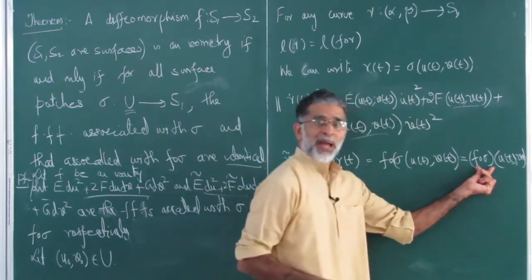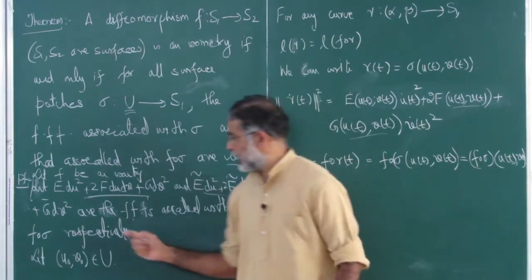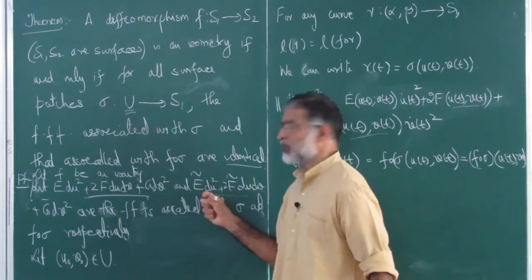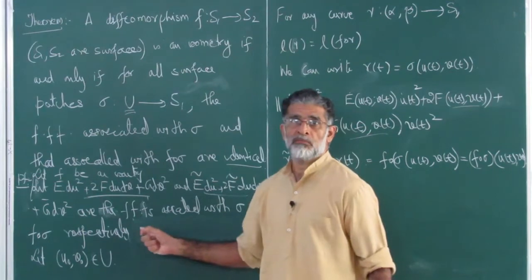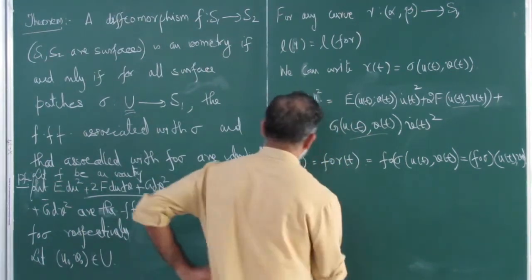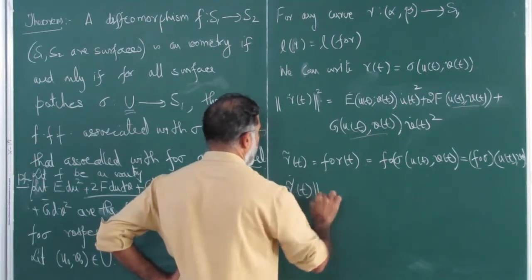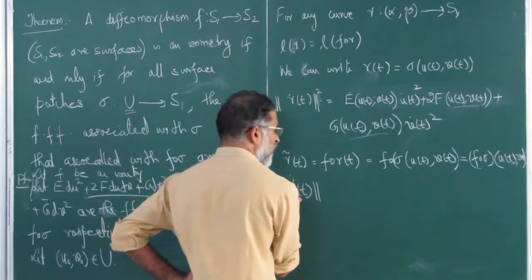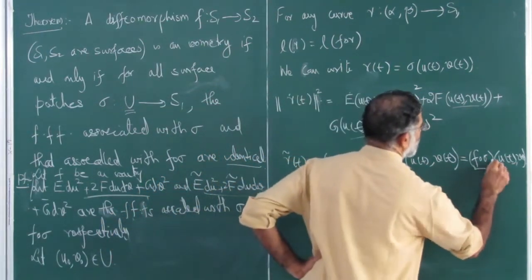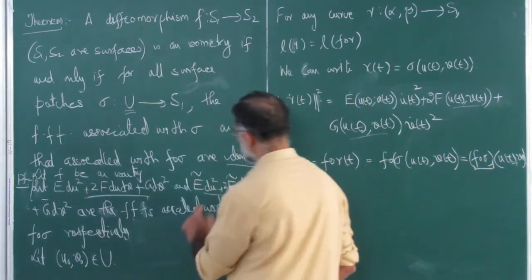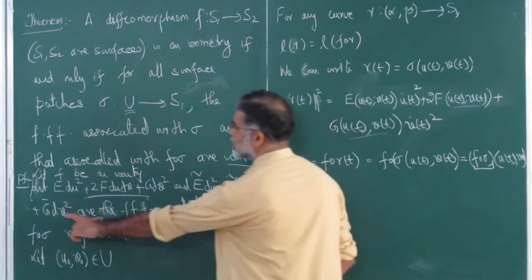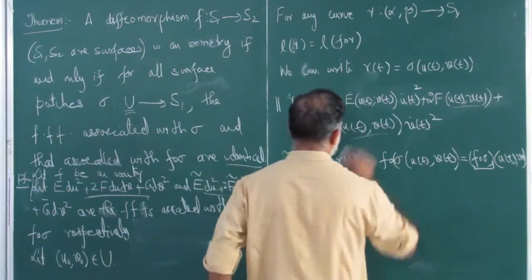This is a surface patch for which the first fundamental form is this. Therefore, apply that, as we did earlier, to the square of gamma tilde dot t.